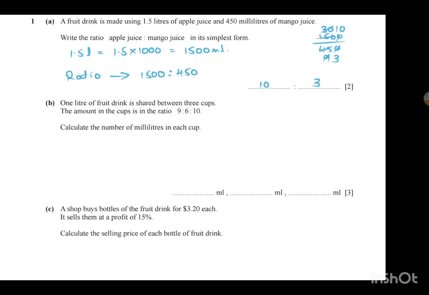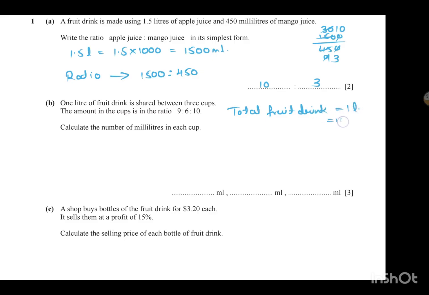Question number B. 1 liter of fruit drink is shared between 3 cups. The amount in the cups is in the ratio of 9 is to 6 is to 10. Calculate the number of milliliters in each cup. The total fruit drink is 1 liter.